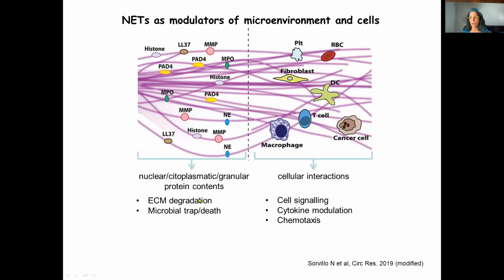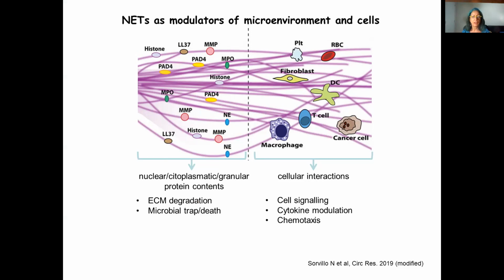degradation of the extracellular matrix, mainly mediated by MMPs and also by elastase, that can digest some of the proteins from the extracellular matrix. And when they are released into the extracellular medium, of course, they can trap microorganisms and kill some of them.